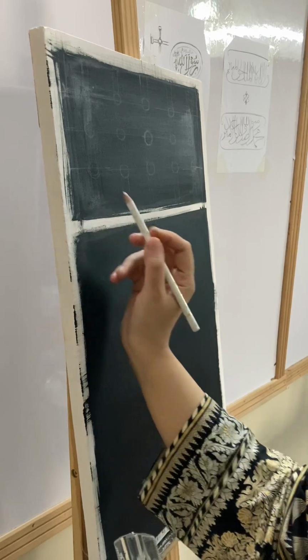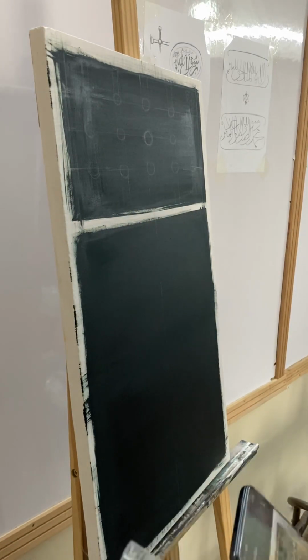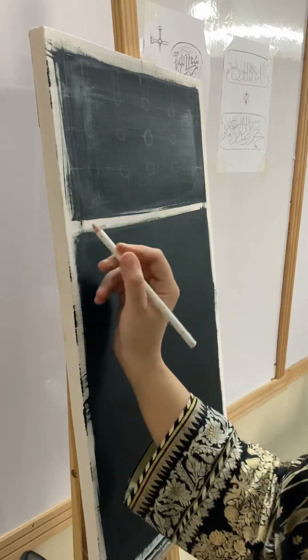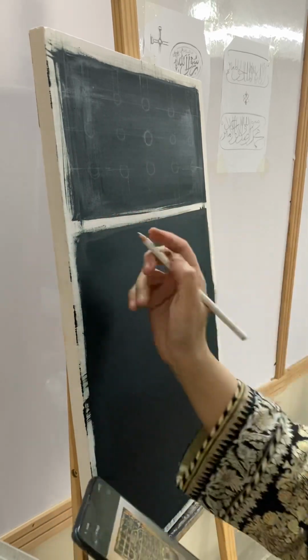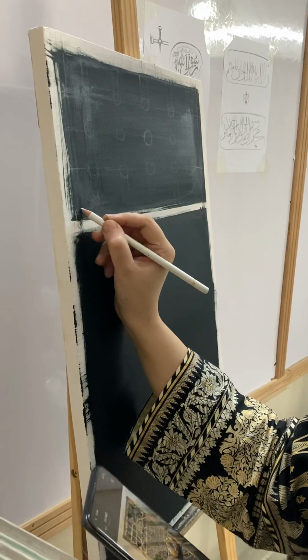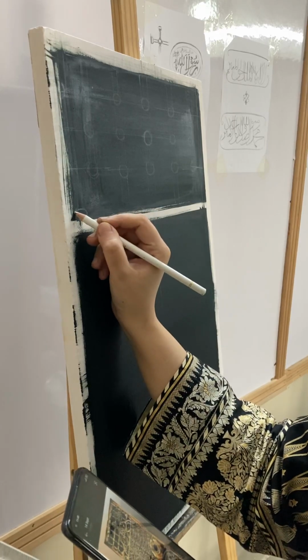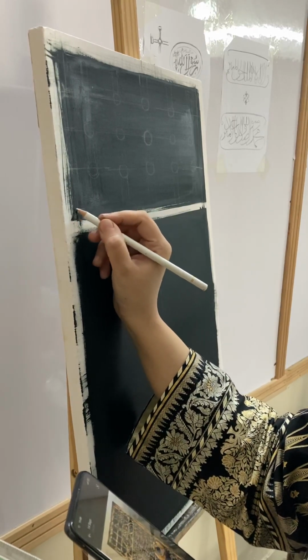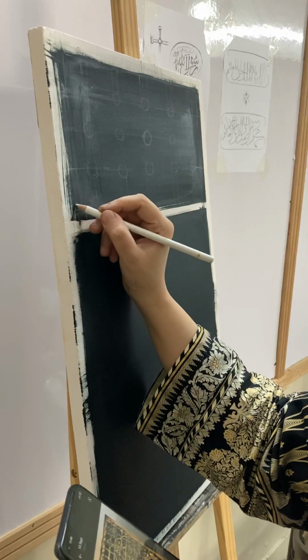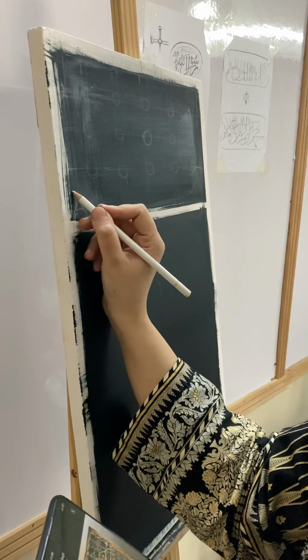Here there's another architecture, a beautiful architecture type of thing I cannot name, but it's just like the lamp of Aladdin. So I'll just make a rough sketch of it first.